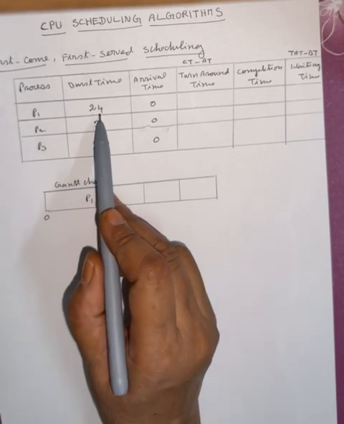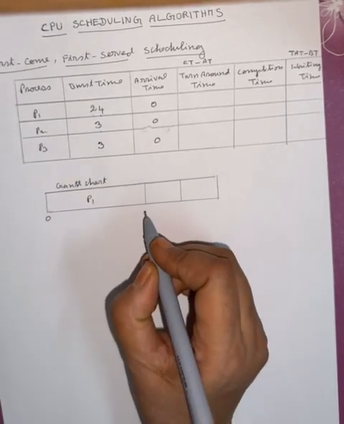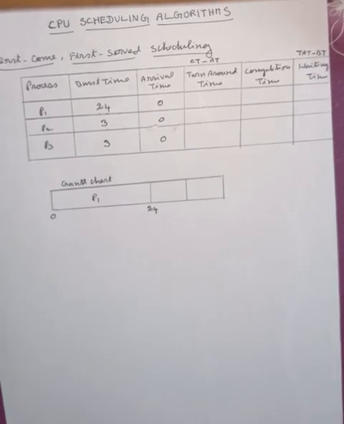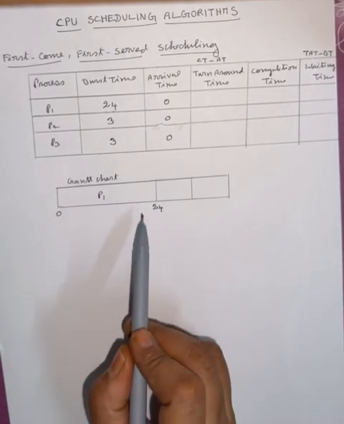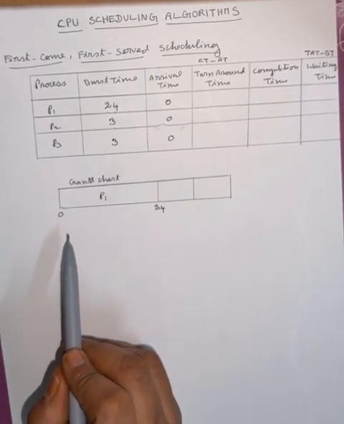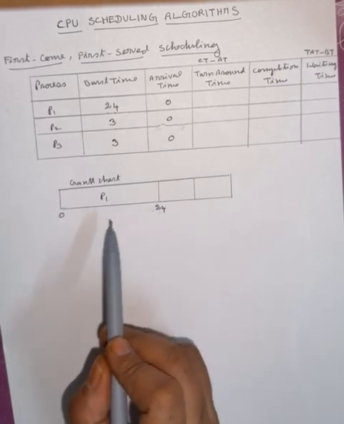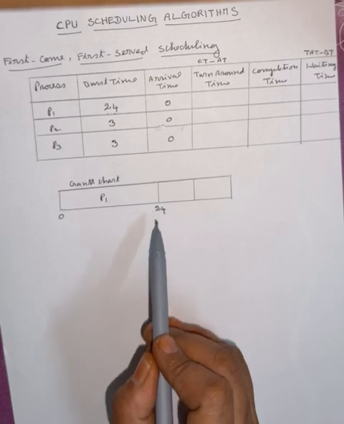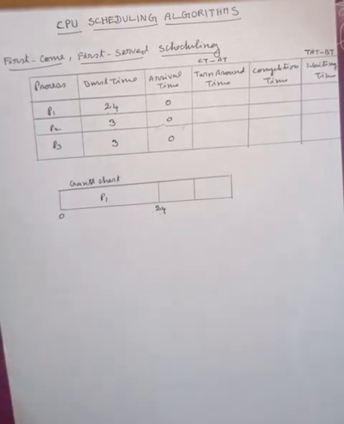Since its burst time is 24 milliseconds, it completes its operation at the 24th millisecond. Since it is a first come first served and non-preemptive scheduling algorithm, P1 completes its operation, and only after the completion of P1 do the other processes enter the CPU.